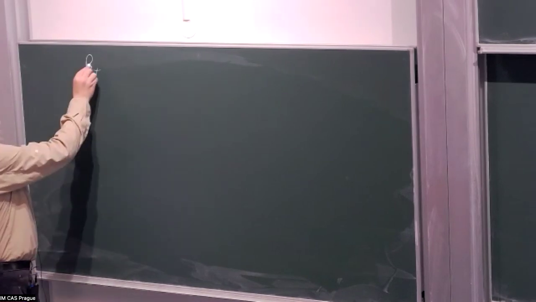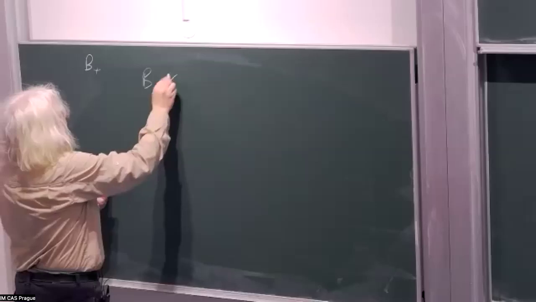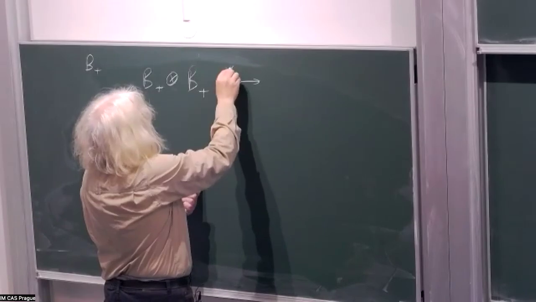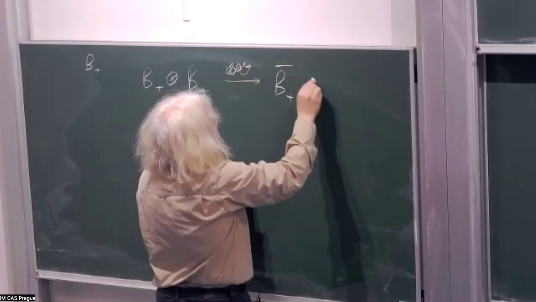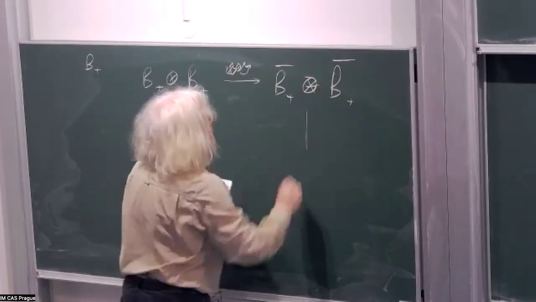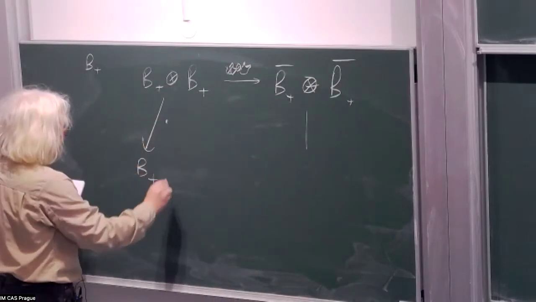Now, again, I need to put all the operations into morphisms in the category, which means that I'm forced to use bars on them. So let's take B plus tensor B plus. If I take open star tensor open star, from here I can do a product and go to B plus.